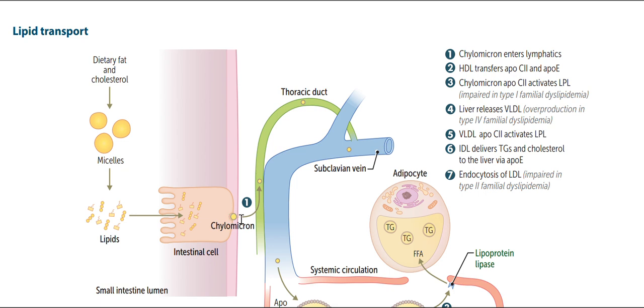So instead, they enter the lymphatic system through a lymphatic vessel which is called a lacteal. So they enter the lacteal, and then through the lymphatic system, they eventually reach the thoracic duct, and from the thoracic duct, they can enter the venous system at the subclavian vein.